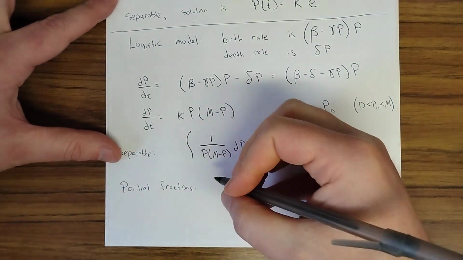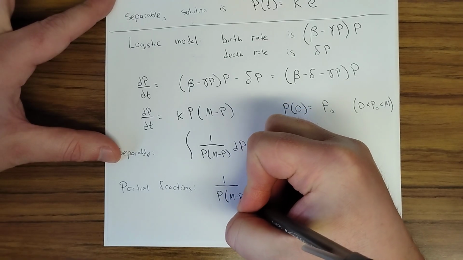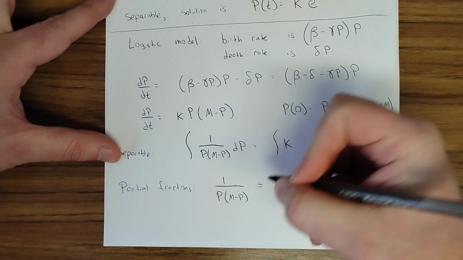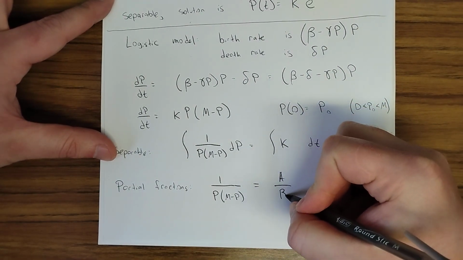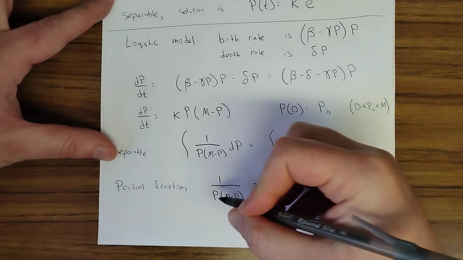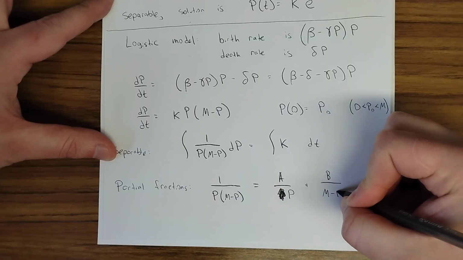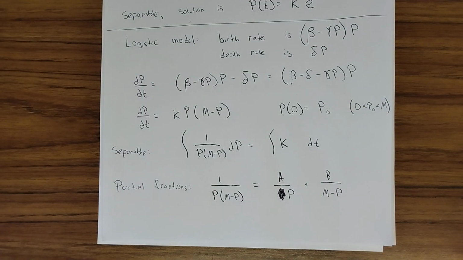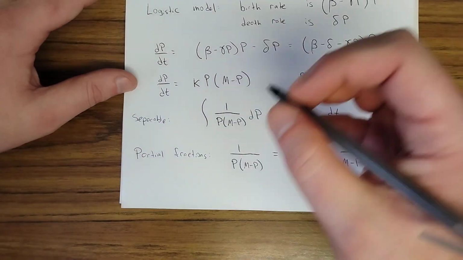So what do we do? We take this and set it equal to something over my first factor plus something over my second factor, and I'm going to figure out a and b to make this true. All right, let's go.